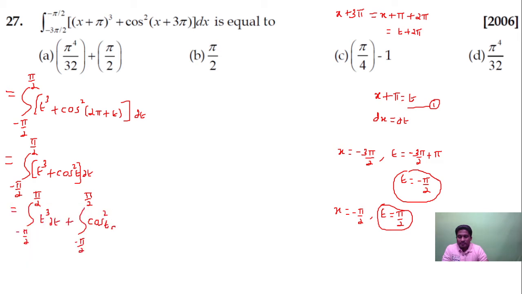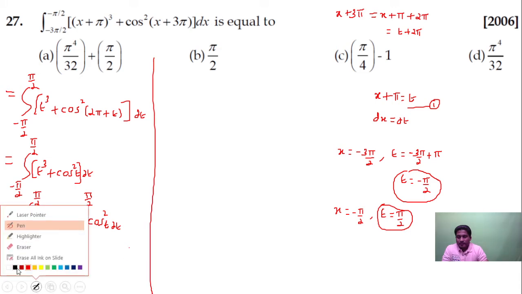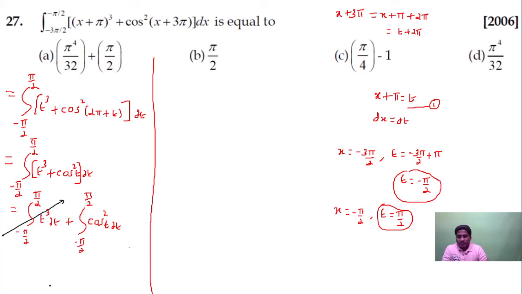Anyways, this is an odd function. If this is an odd function, this will be 0: integral from minus a to plus a of f of x dx, f of x is odd, so it will be 0. So this is even, right?